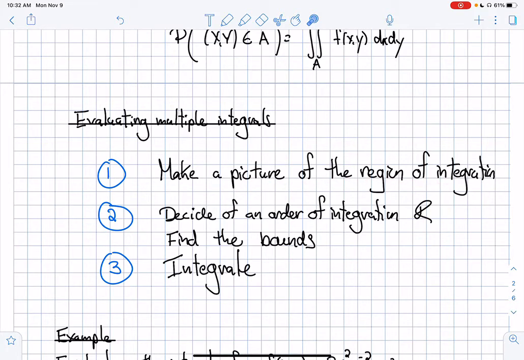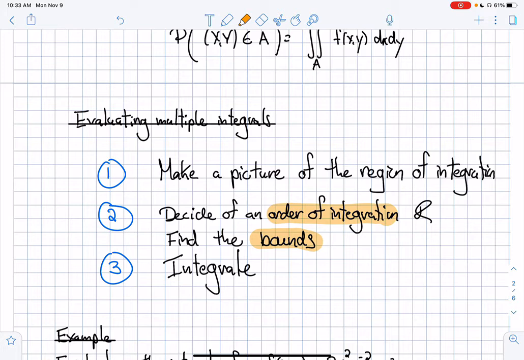That's a step we don't really have in 1D because we're on R and the region of integration is usually pretty straightforward. Second, I have integrals in x and in y, two integrals, so I have to decide which integral I integrate first, the order of integration. And once I decide the order of integration, I find the bounds for each of my integrals.